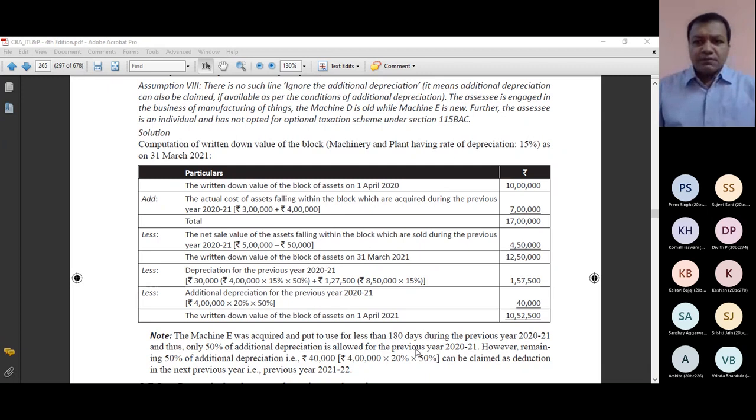Please take the screenshot of this page which is on your screen right now, and please raise your hand if you have taken the screenshot. It is on page 6.11 of my book. Those who are not referring to my book, please take the screenshot.